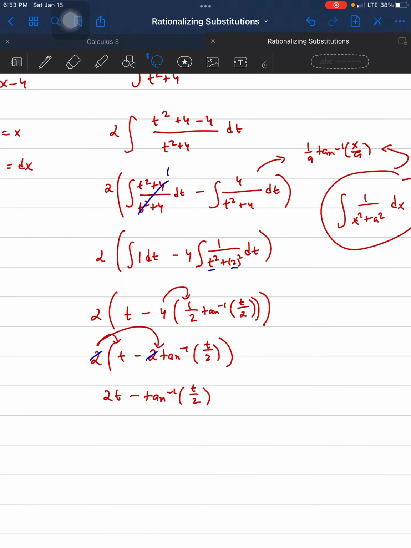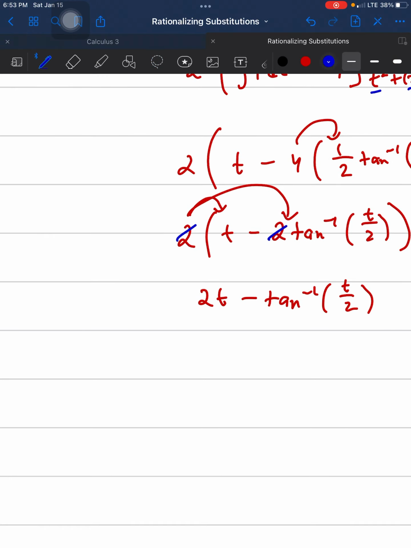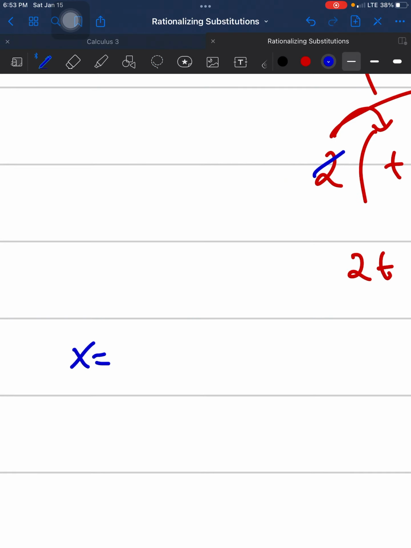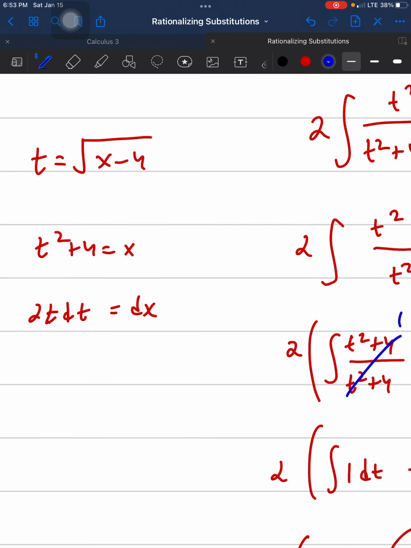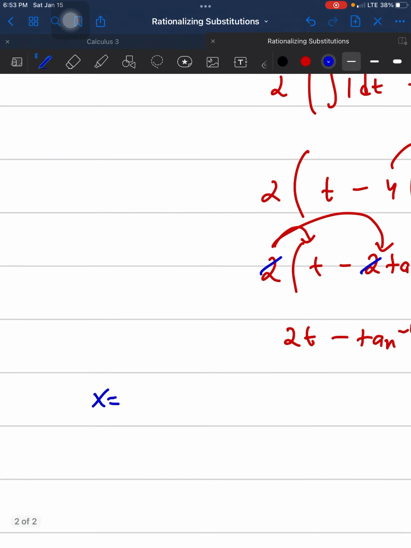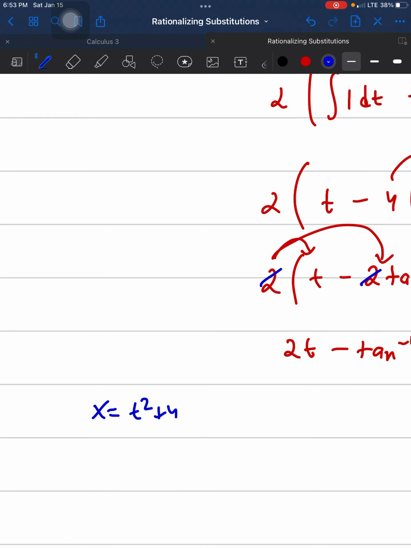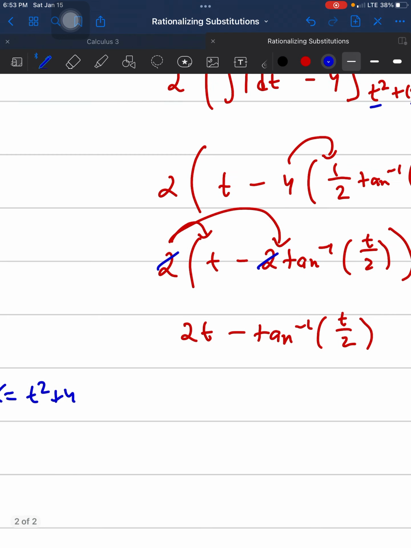Now we have to switch all of this back to being in terms of x.